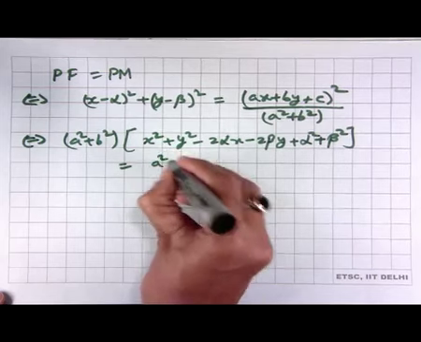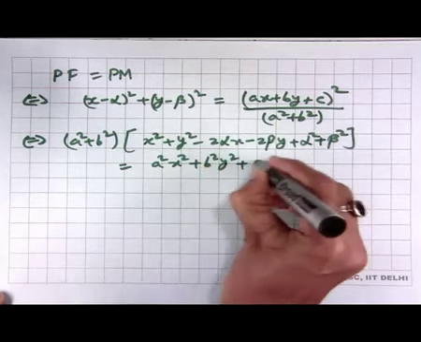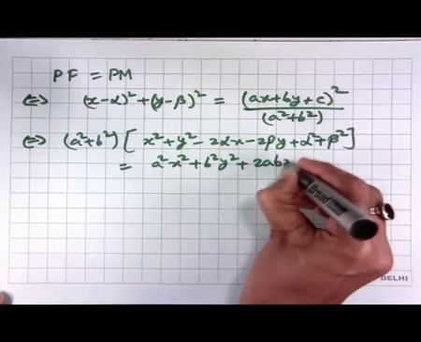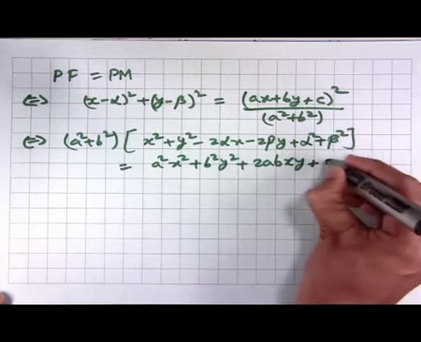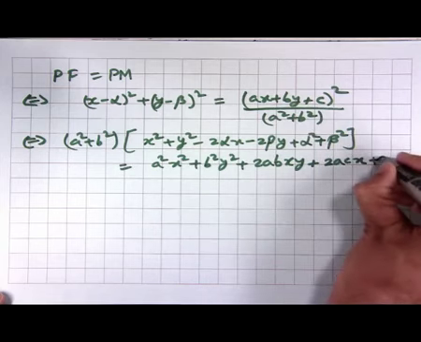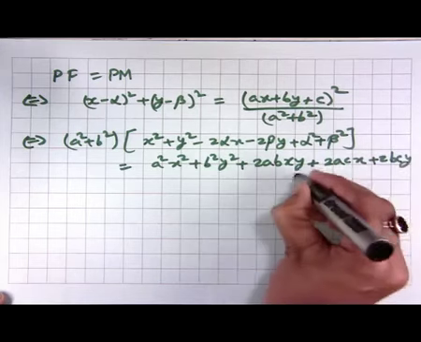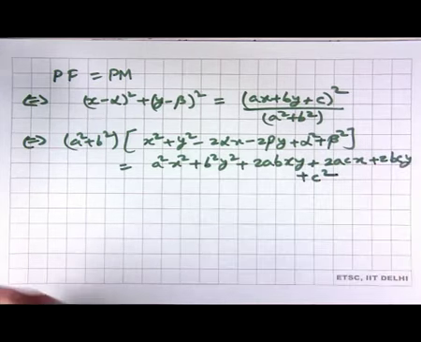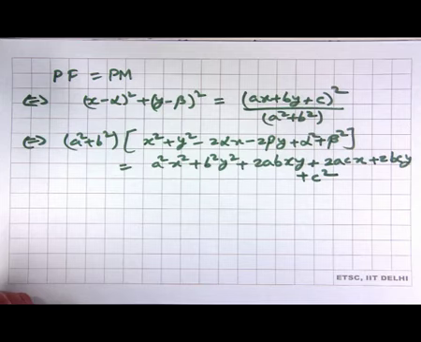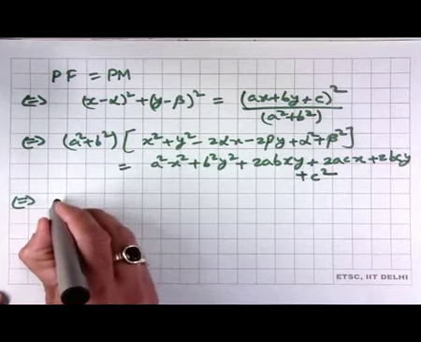So, this is a square x square plus b square y square plus 2 a b x y plus 2 a c x plus 2 b c y plus c square.